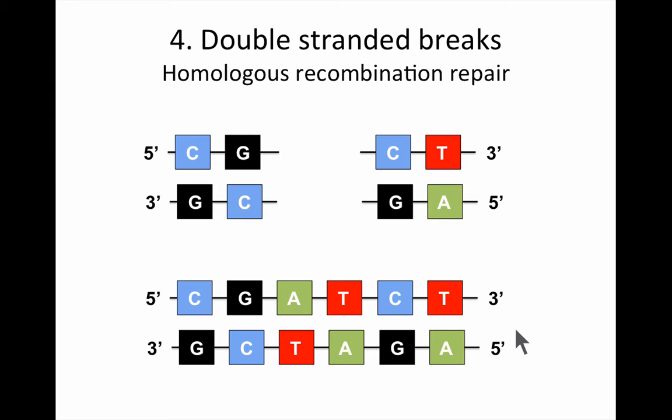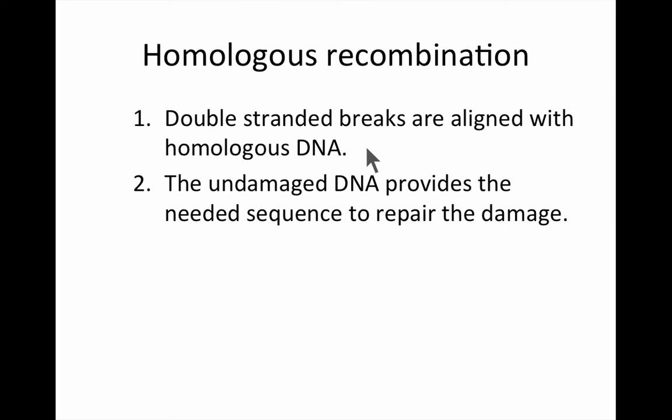So in this form of repair, which is known as homologous recombination repair, the information from the intact second copy is used to repair the damage. So in homologous recombination repair, double-stranded breaks can be aligned with the homologous second copy of the DNA. The undamaged DNA provides the needed sequence to repair the damage.